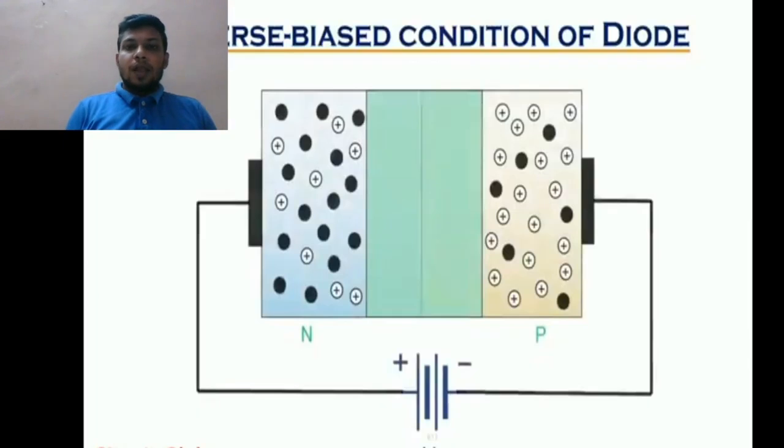When the potential is more than the breakdown voltage, there will be a huge reverse current, and this will damage the diode.